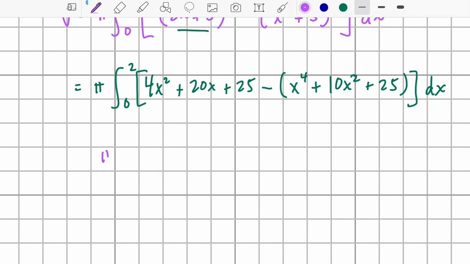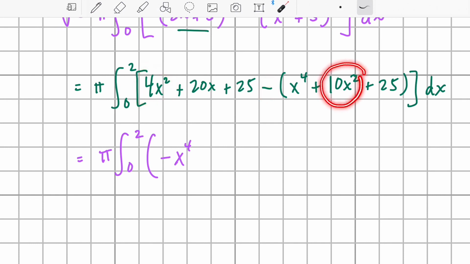Now we'll combine like terms, and then we can integrate. So pi, 0 to 2, equals. My integrand is going to look like this. I only have one x to the fourth term, and if I distribute the negative, I get negative x to the fourth. Now my x squareds, I have 4x squared, and if I distribute this negative to the 10x squared and combine them, that gives me negative 6x squared.